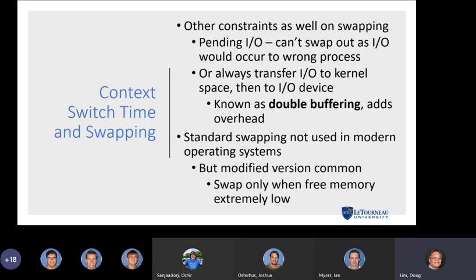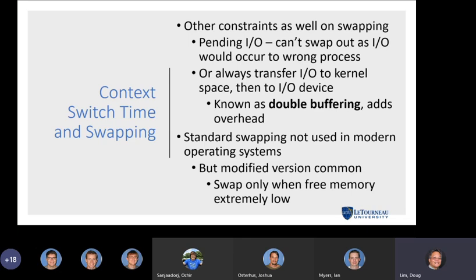There are various other constraints involved, such as competing pending I/O requests, and making sure that everything ends up in the right address space and is associated with the right process.